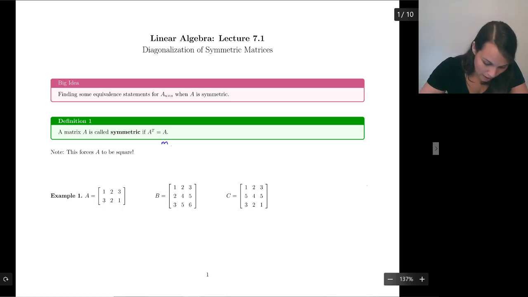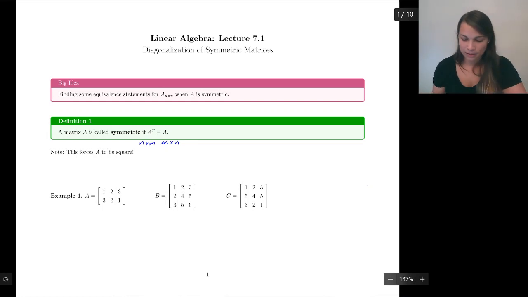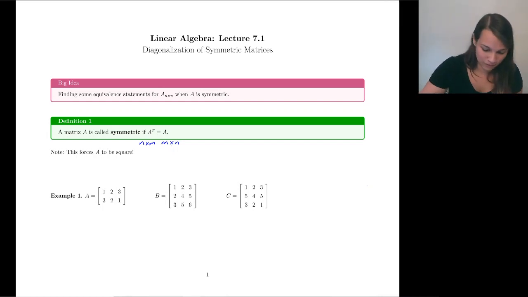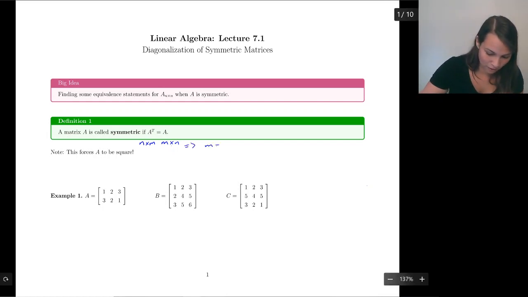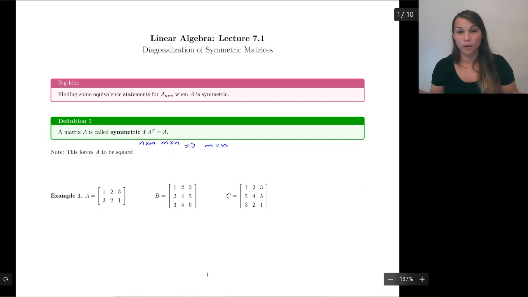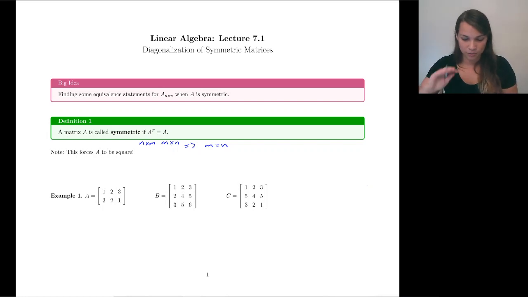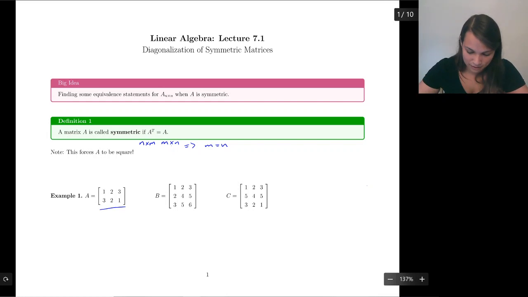If A is m by n, the transpose will then be n by m. It can't be equal if n and m are not the same. So A is going to be square for any symmetric matrix.